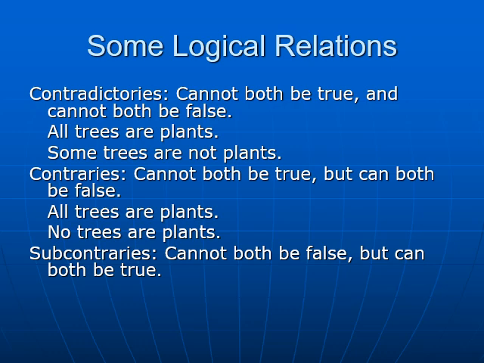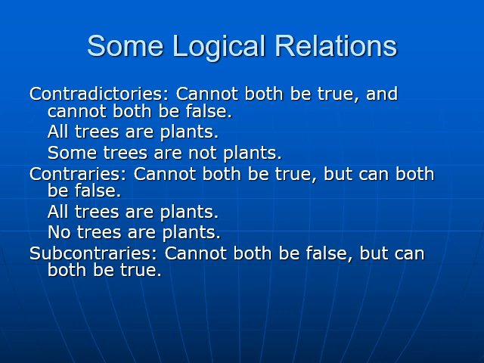It can't be that all trees are plants and also that no trees are plants. But they could both be false. How could they be false? Pretty obviously. They could both be false if some trees are plants and some trees are not plants. In this case, you've got a relationship between an A statement, all trees are plants, and an E statement, no trees are plants.